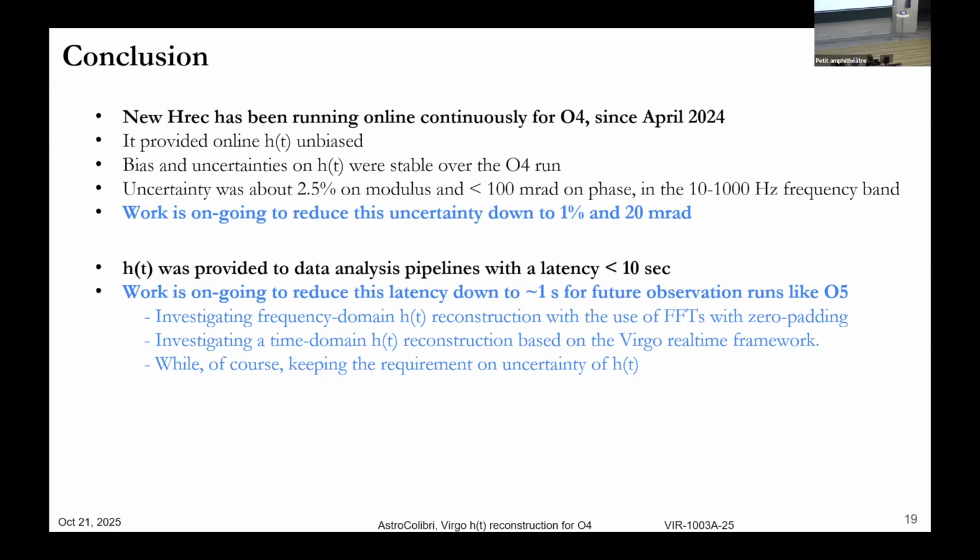For the latency, we have provided the H of t to data analysis pipelines with a latency below 10 seconds. And we plan to use one of the two options to try to go down to 1 second for this latency. And of course, keeping the uncertainty of H of t as low as possible. That's all.